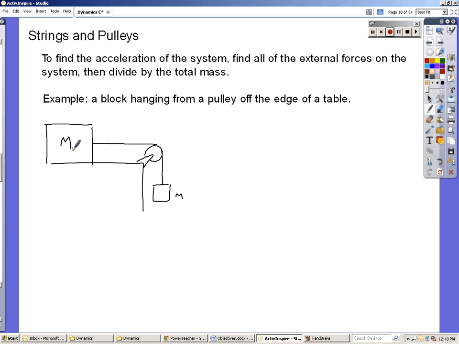When it's not just a single particle that's accelerating, but an entire system of multiple particles, you are concerned with the external forces, and we can rewrite Newton's law as F net external equals the total mass of the system times the acceleration of the system.